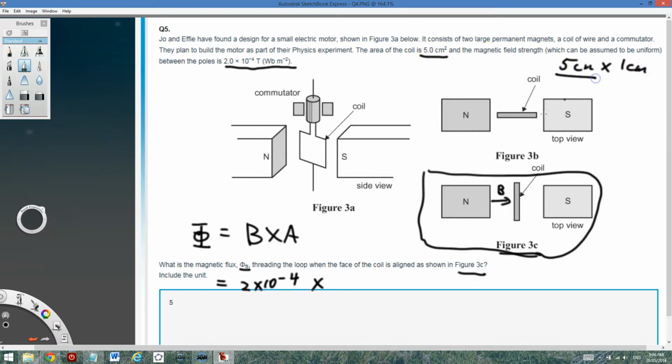So 5 centimeters is 0.05 meters, and 1 centimeter is 0.001 meters. Just type them in like this, and you get an answer in the unit of Weber. Done.